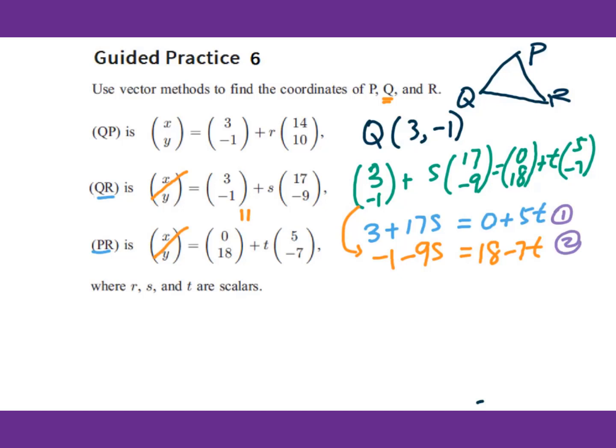Now change both equations into standard form. You will get 5t minus 17s equals 3, and 7t minus 9s equals 19. Let's label 3 and 4.